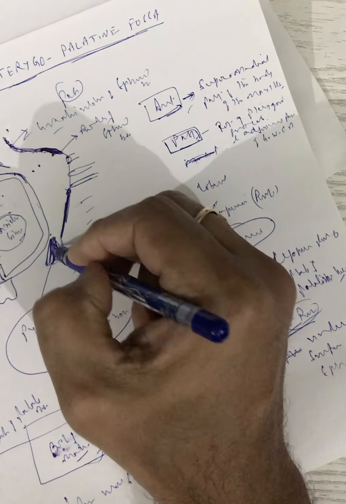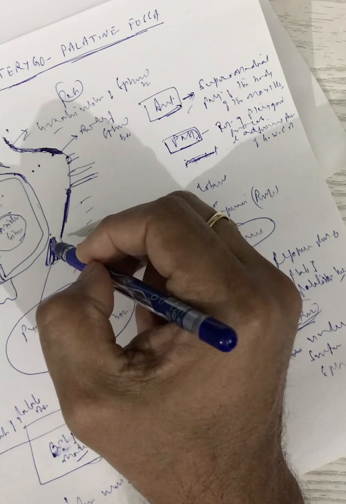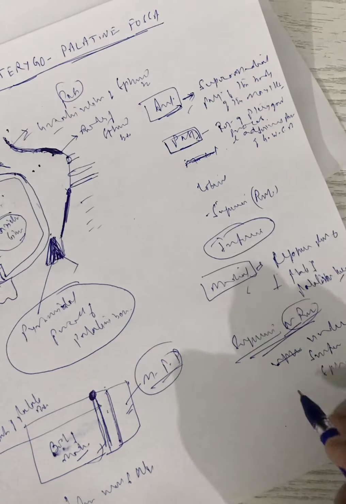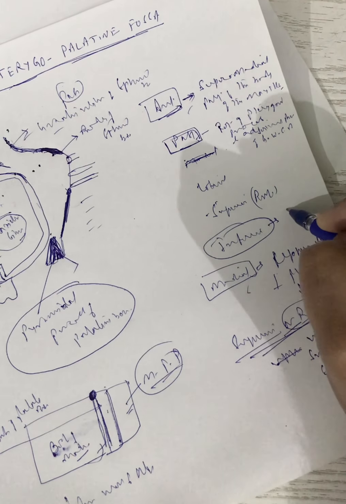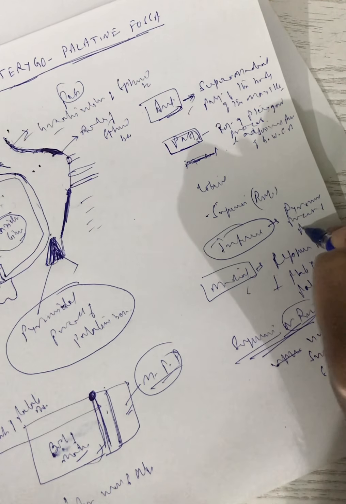So this forms the inferior boundary. So the inferior boundary is formed by the pyramidal process of palatine bone.